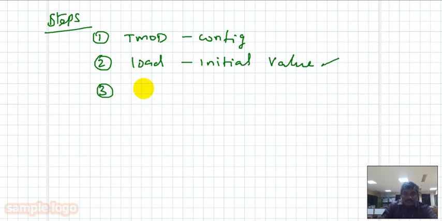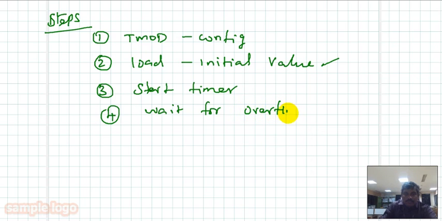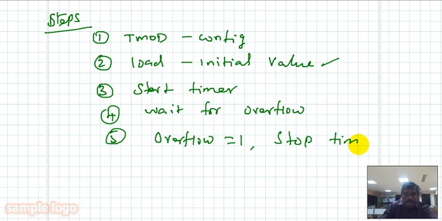And step 3, you start the timer. And once you start the timer, you wait for overflow. Once the overflow bit is set, stop the timer and clear the overflow bit.